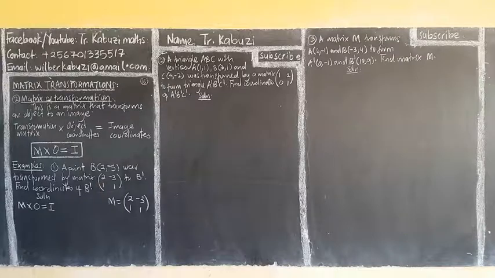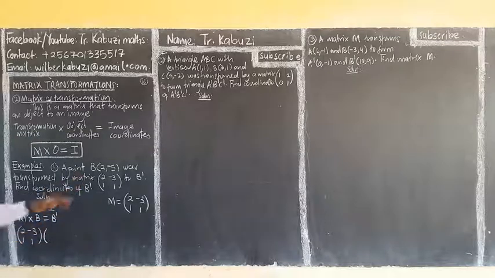So meaning, if I get now my matrix times my object, now my object is B, I will get B prime. So now you can substitute our M here, times now the coordinates of B. We write them in column form.